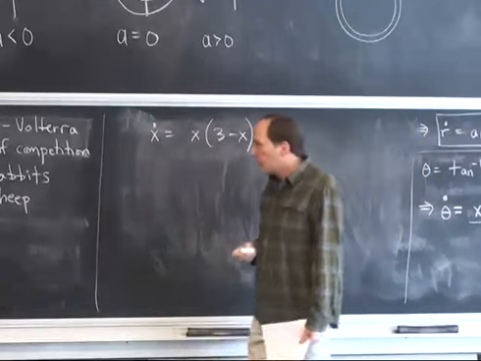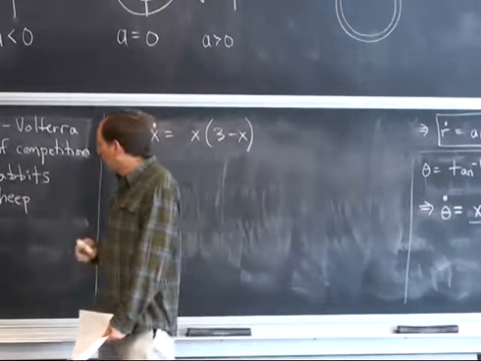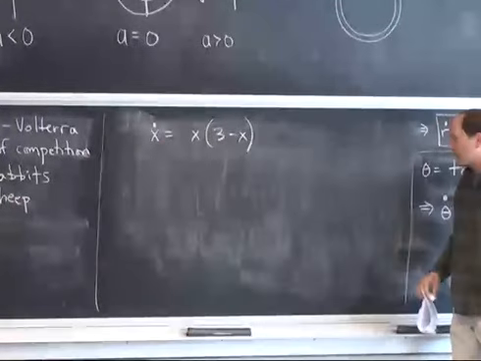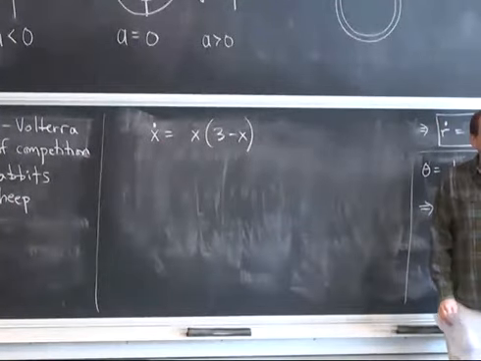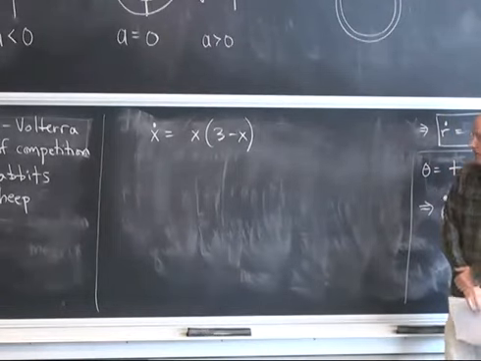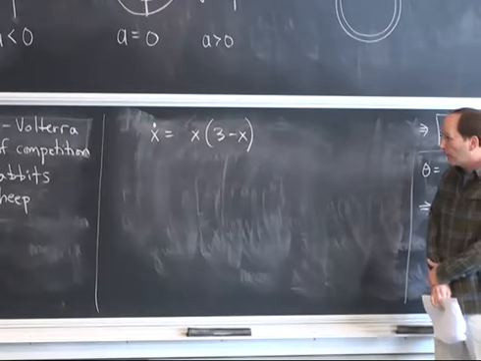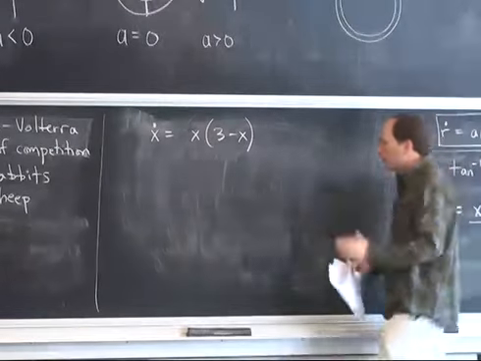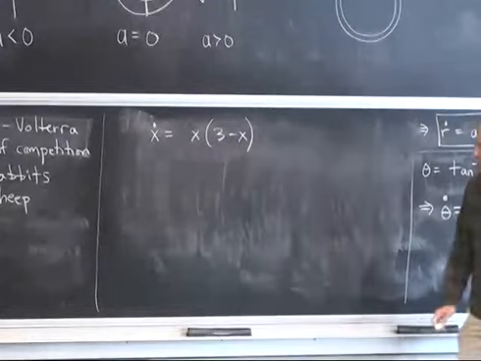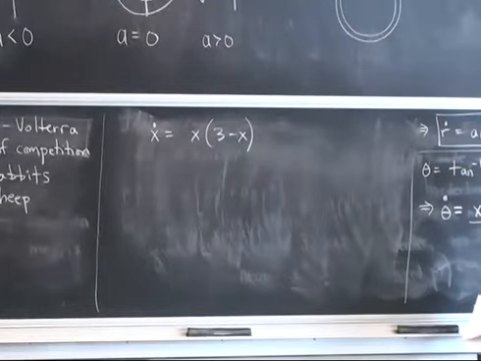Now 3 doesn't mean 3 rabbits, because that might be a little bit silly. Maybe think of it as 3,000 rabbits that can live on some patch of grass somewhere in a field on somebody's farm. So don't worry about the units too much. The 3 means the size of the carrying capacity for the rabbits. Think of it as 3,000 if you want.